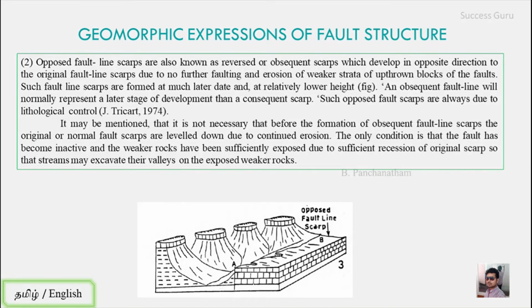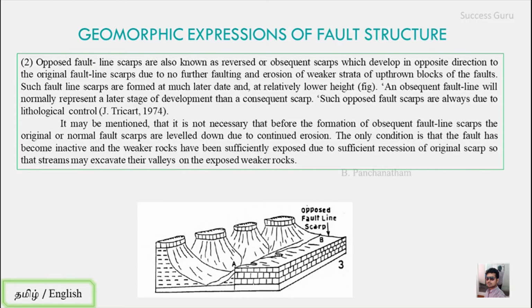You can see the image here. This is the upthrown block and this is the downthrown block. But due to the prolonged erosion of soft rock in the upthrown side, this is now the downside, right? So this is actually reversed in appearance, and hence it is called the opposite fault line scarp, also known as the reverse or subsequent scarp.